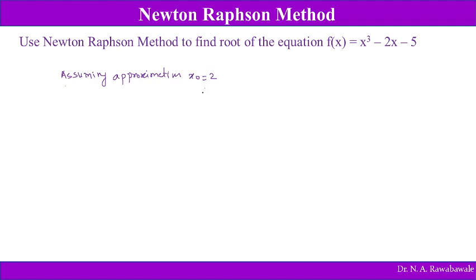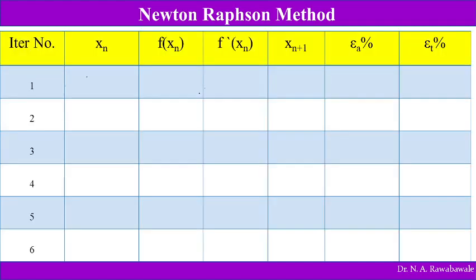Now we want to find a root of this equation. First we will prepare a table. Xn means the first approximation, which we are going to assume as 2. Then f of xn, the function value at this 2. Here the function is f of x is equal to x cube minus 2x minus 5. Now we take the x value as 2.